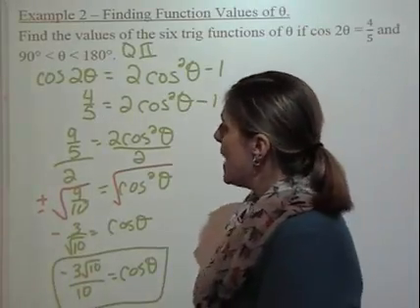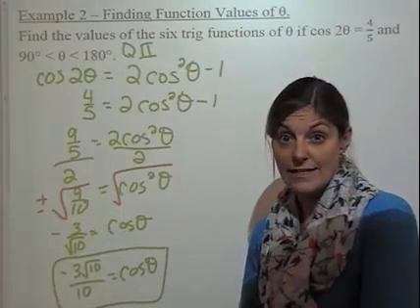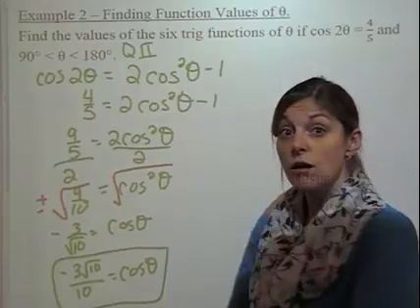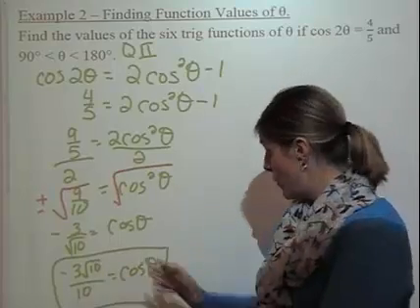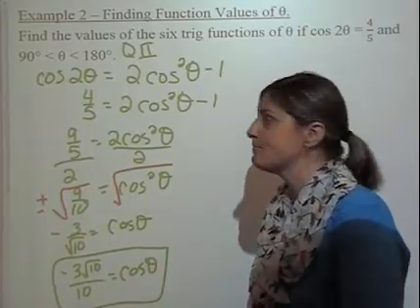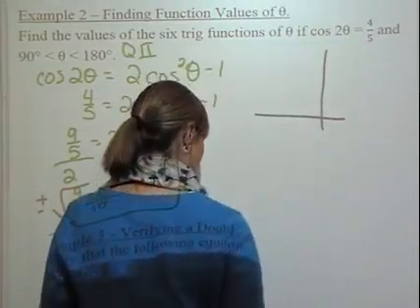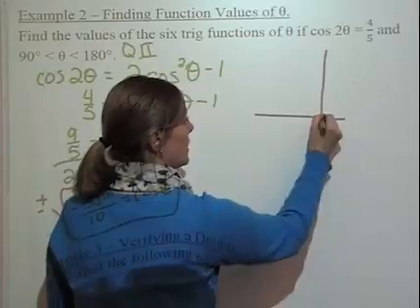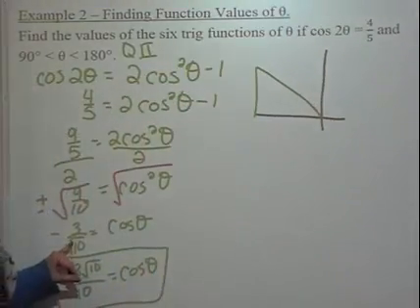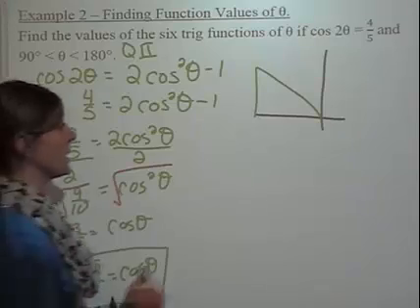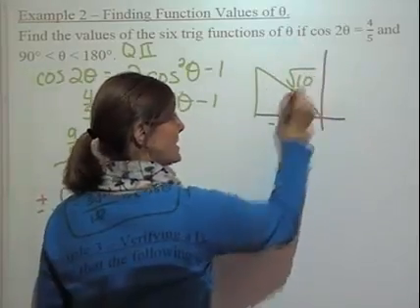Now we can look at some other double angle identities and use those to solve the problem. Or we can take what we found here and draw a picture. So let's say we know we're in quadrant 2, and we know that our x value is negative 3, and our r value is square root of 10.